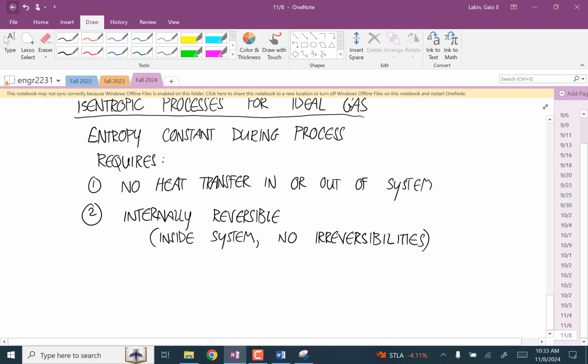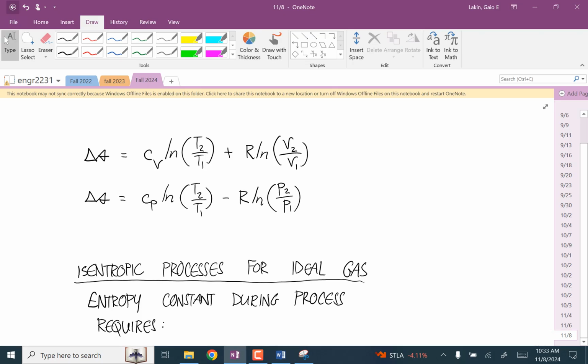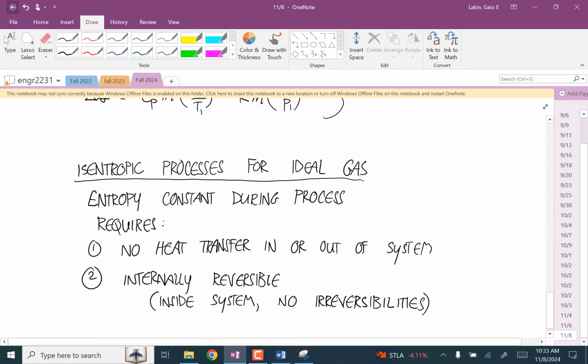So what do we know in that case? Well, it actually comes from these. Remember, this is for an ideal gas. If there's no change in entropy, you can set the two right sides equal to 0.